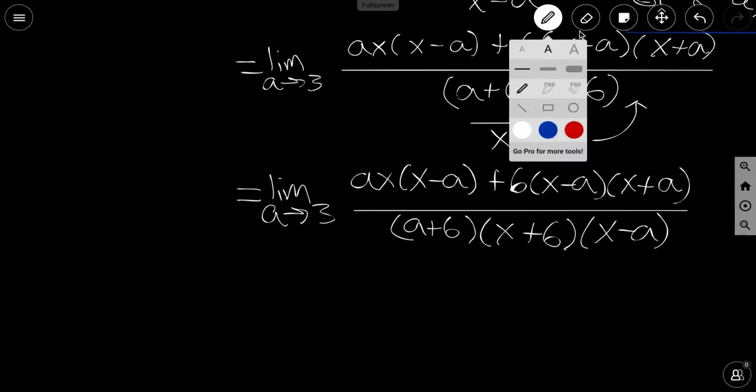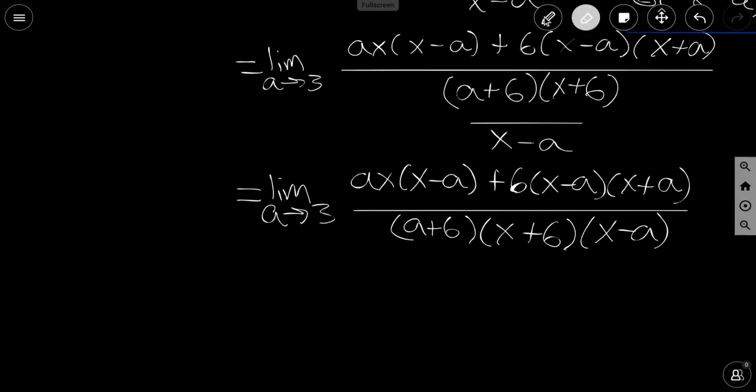So now I can simplify, or rather cancel stuff out. So what's going to cancel out is this, and also, that's it, I guess.